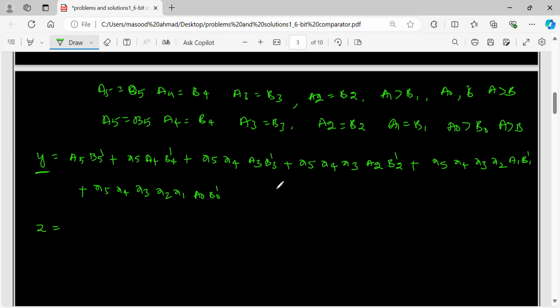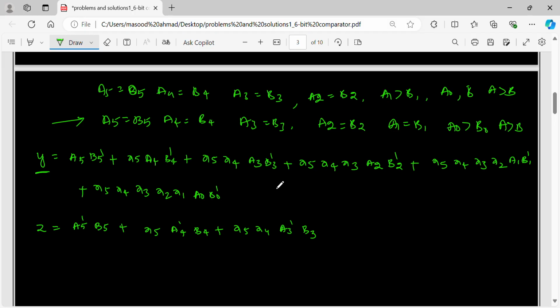Similarly, we can write the expression for Z in a similar way. That is A5 bar B5, or X5 A4 bar B4, X5 X4 A3 bar B3. Now A3 is 0 and B3 is 1.